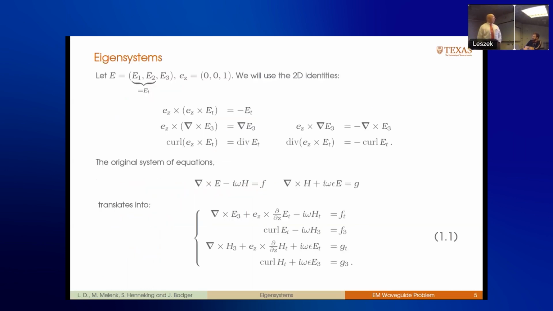So first of all, the electric field, or the same thing, magnetic field, has three components here, and the first two are combined into transversal field, and then longitudinal field is E3, the same thing for H. And in 2D, we are using these operators, the vector valued curl and the scalar valued curl.